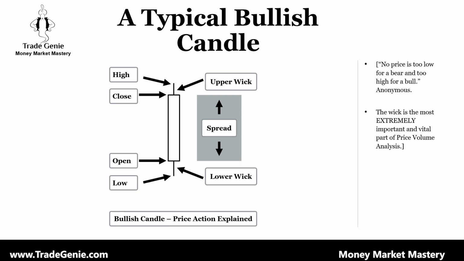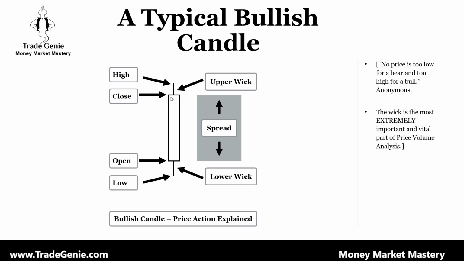I said, what? Then I figured, oh yeah, red is a symbol of happiness and good luck. So they turn the color of the candle into red. So you can color it red also and still consider it bullish, as long as you know what meaning you're giving the color. So we are giving the white color a meaning, that it is bullish.